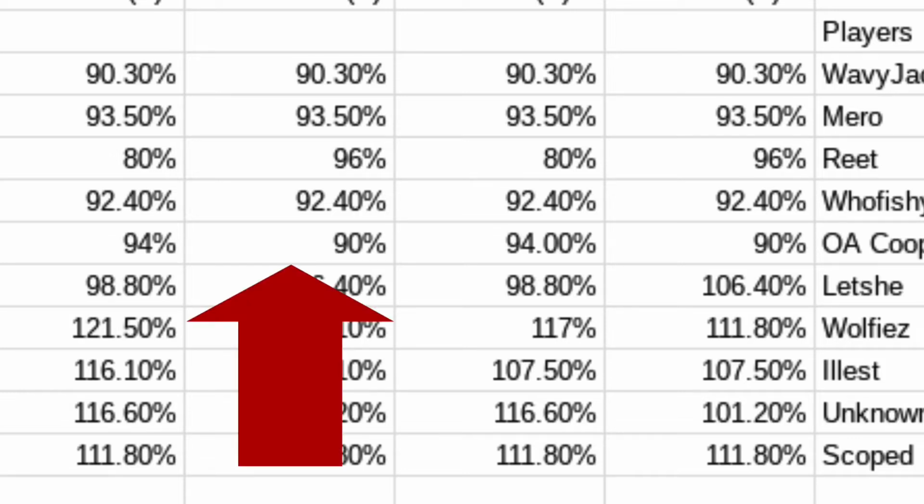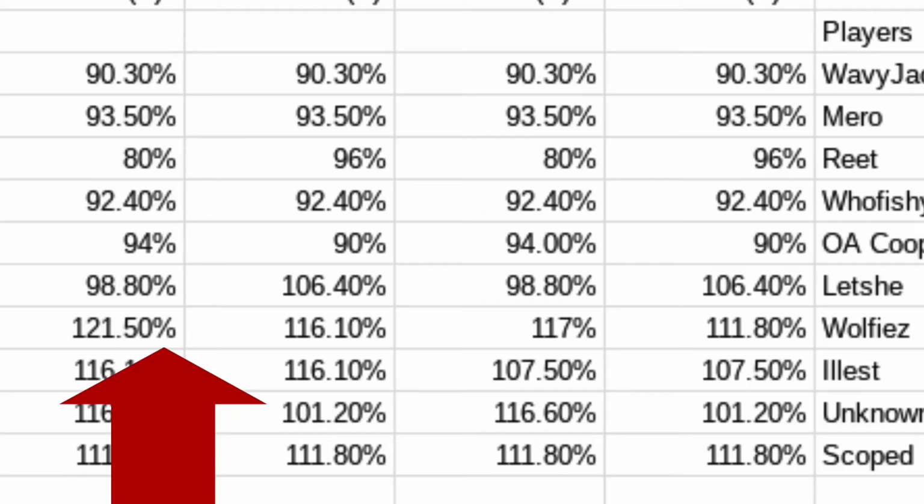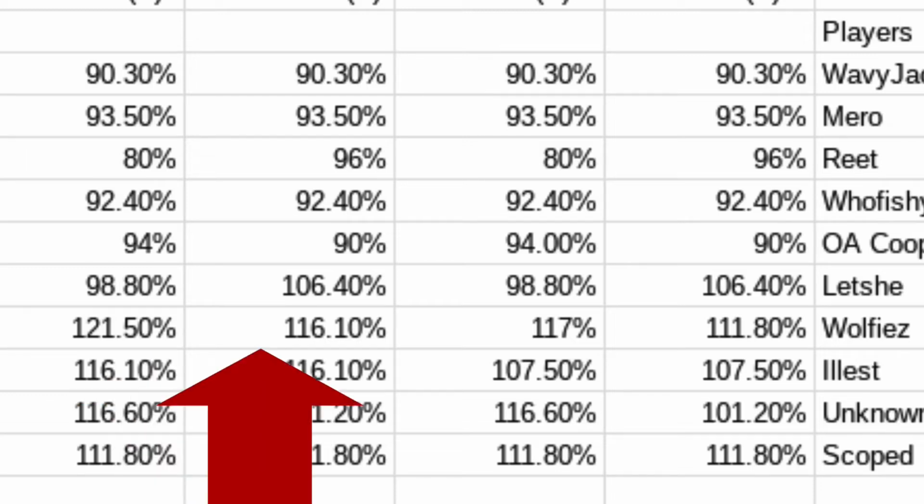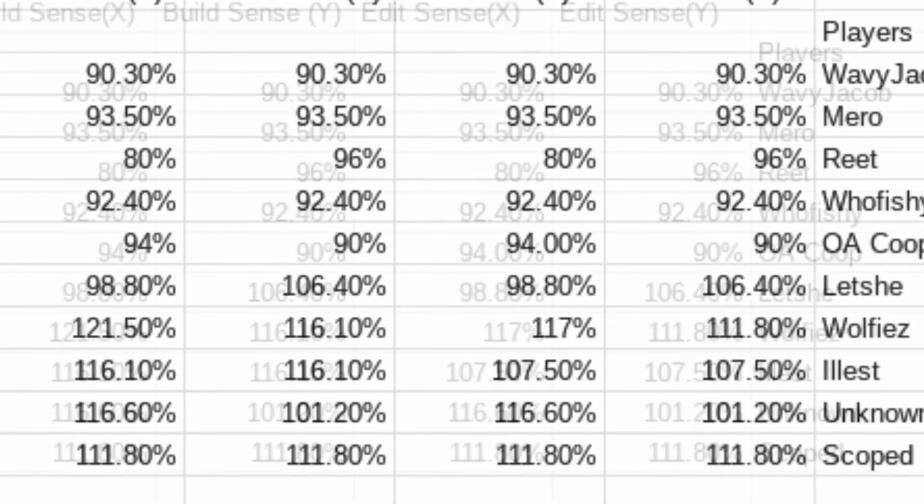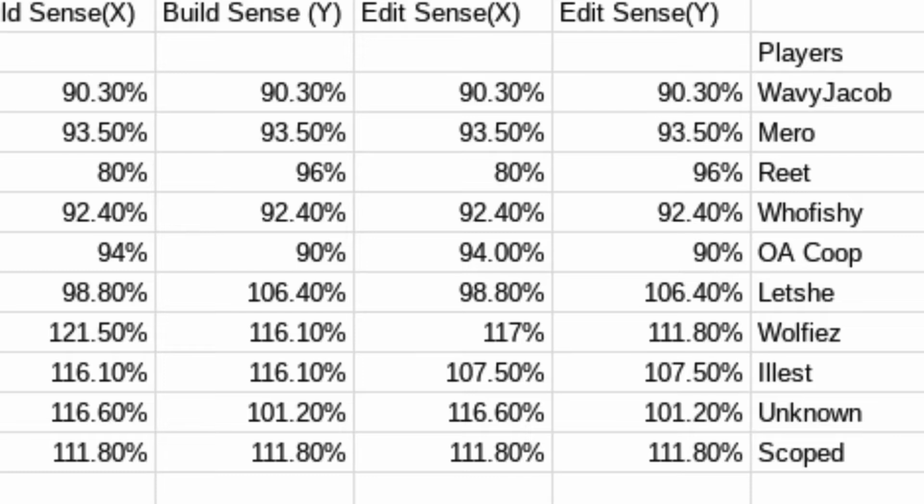The highest for both X and Y was Wolfies with 121.5 for X and 116.1 for Y. So I did the exact same thing for editing as well, and I got pretty much the same results. The lowest for X was also Reet, the lowest for Y was also Oagoop, and the highest for both X and Y was Wolfies. So yeah, pretty much the same.